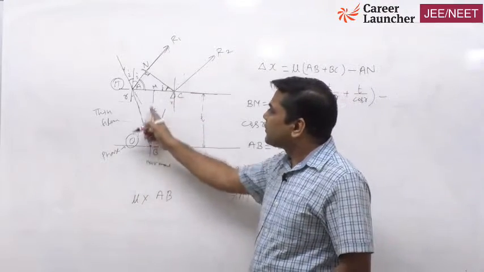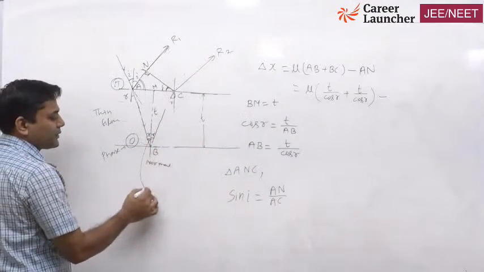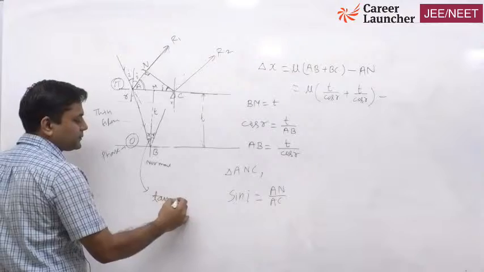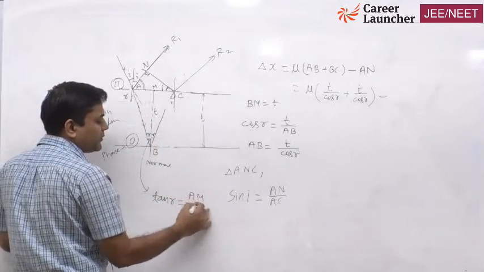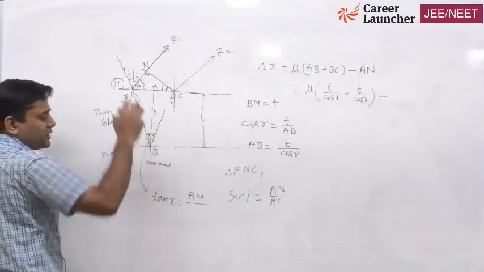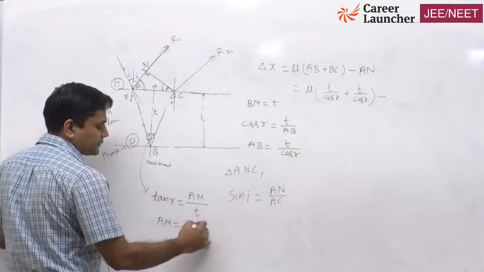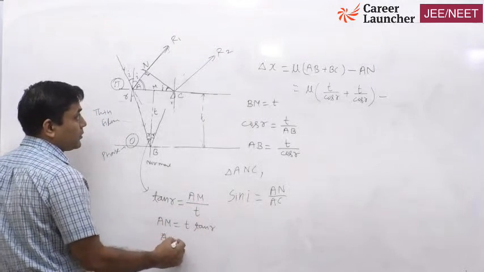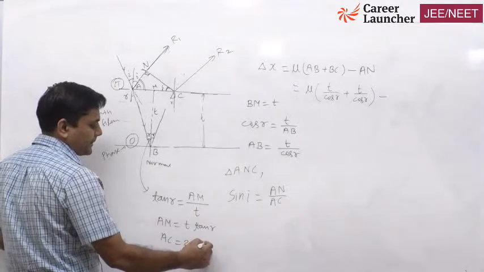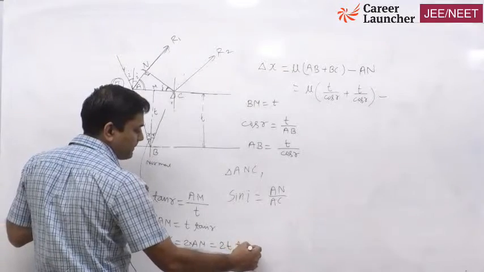And how do we get AC in this case? You can take the formula over here, tan r. Tan r is given by AM divided by this t. So AM is t tan r. That implies AC equal to 2 times AM, so 2t tan r.